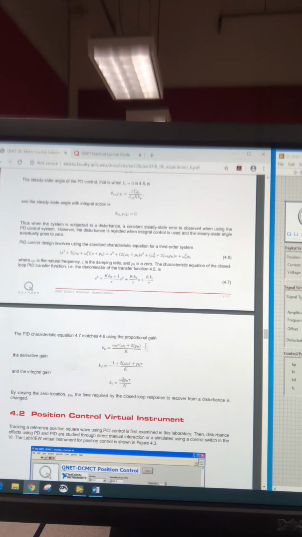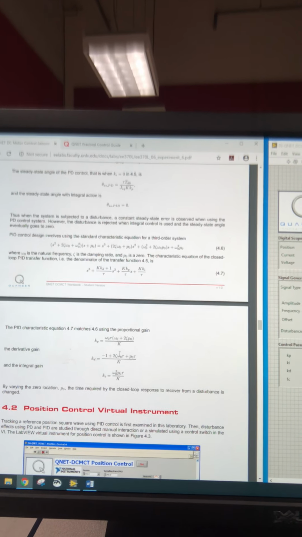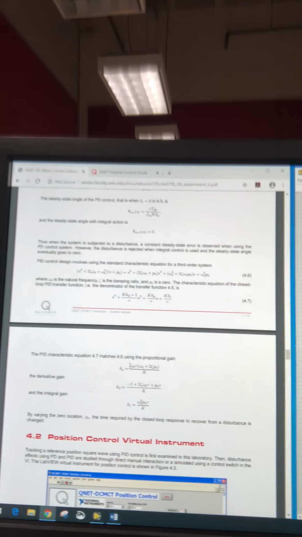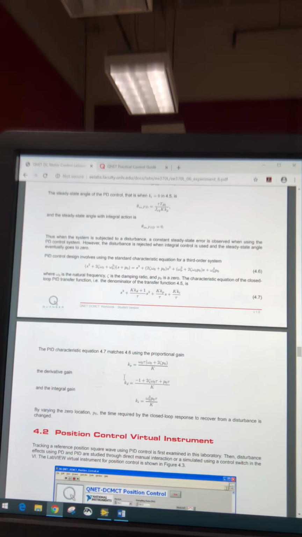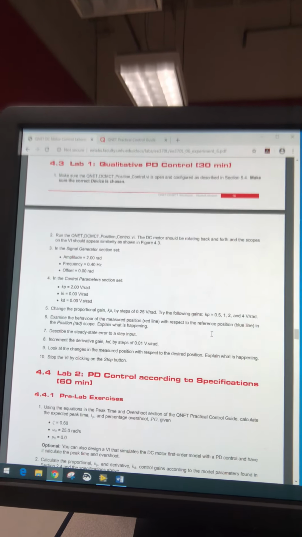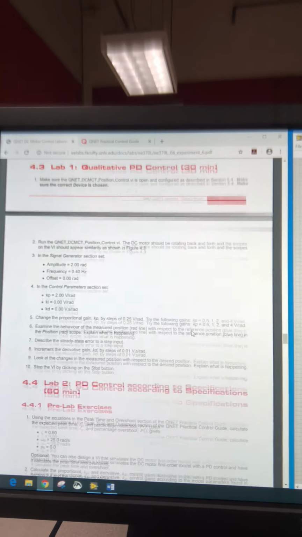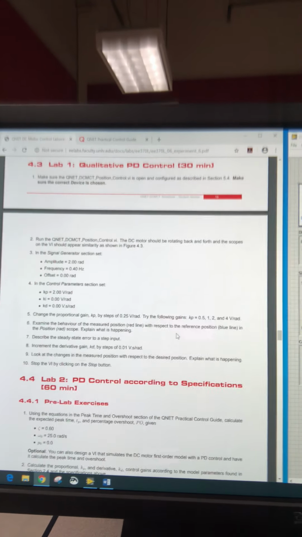So we will consider the impact of omega 0 and zeta on Kp and Kd, and then from that we discuss their impact on the system response. And that will lead to all of you, you guys, to do it.